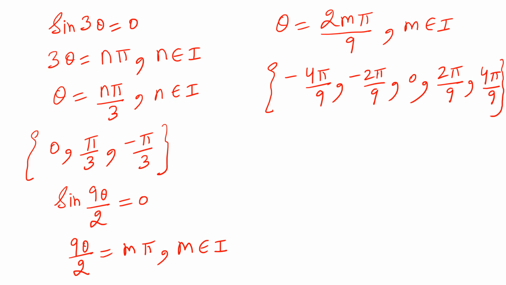Now students, to find the final set of the solution, we have to take the union of both the sets. Now clearly 0 is coming in both the sets, so it will be counted just once.